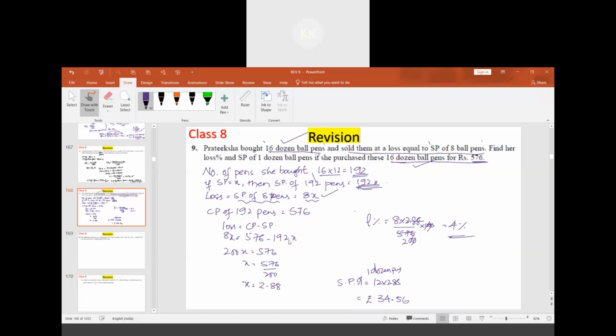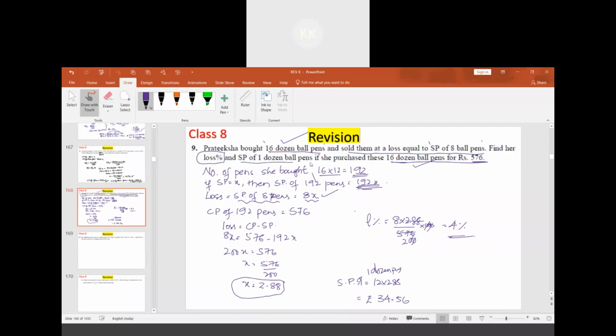When we simplify, we get the value of x. This x is nothing but the selling price of one ball pen. And loss is 8x. So 8 times 2.88 is the loss, divided by the cost price, multiplied by 100, will give loss percent. Loss percent is found.